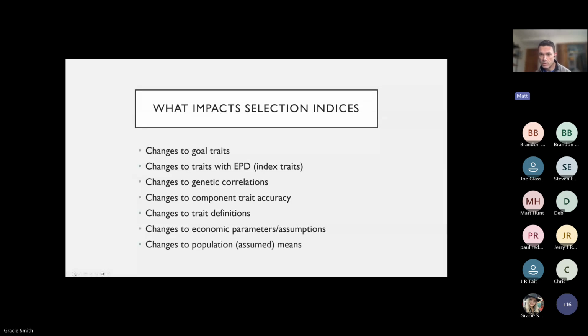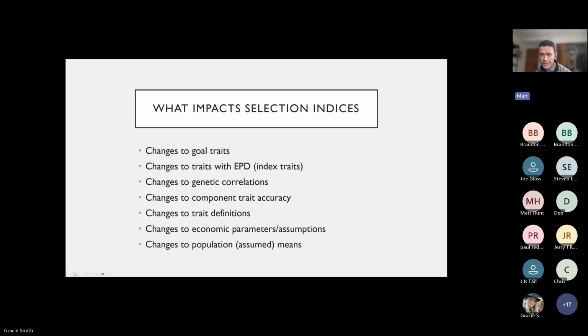Changes to traits with EPD: if all of a sudden there's a new EPD that comes out that is clearly related to a goal trait, something that's economically relevant, then the inclusion of that EPD in the index would change the index. Any changes to the genetic relationships of the traits or changes to the overall accuracy of EPD that go into the index are going to change it.